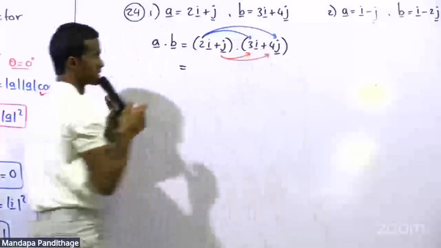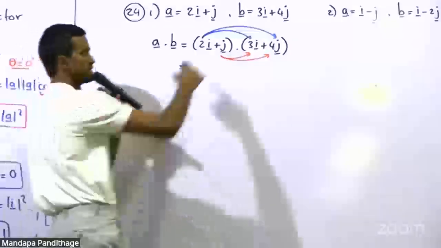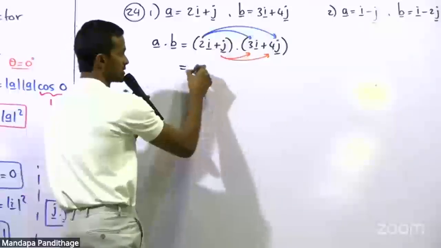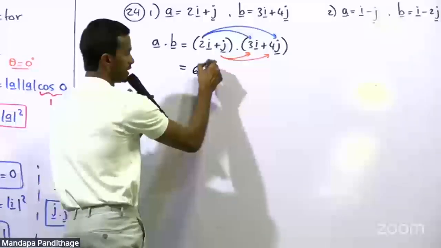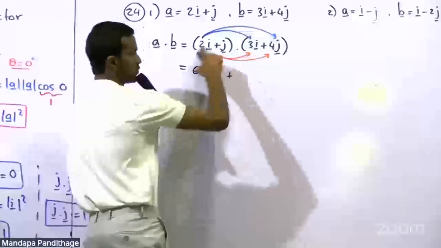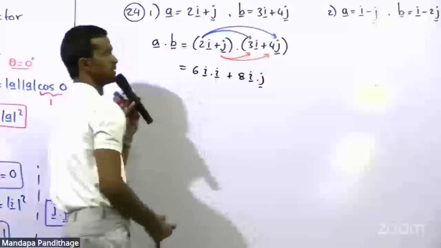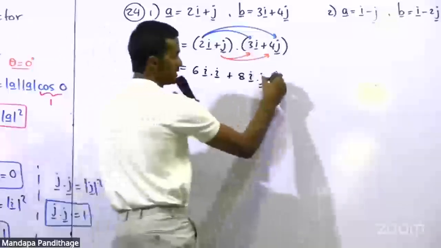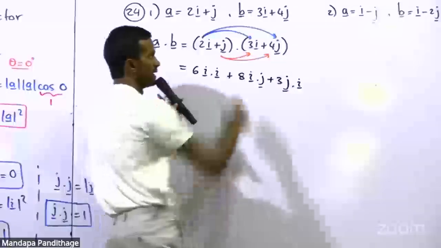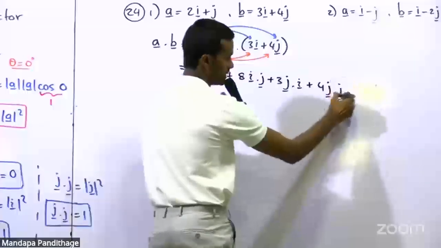The coefficients multiply separately: 2 into 3 is 6, we have i dot i, plus 2 into 4 is 8, i dot j, 1 into 3 is 3, we got j dot i, and 1 into 4 is 4, we got j dot j.